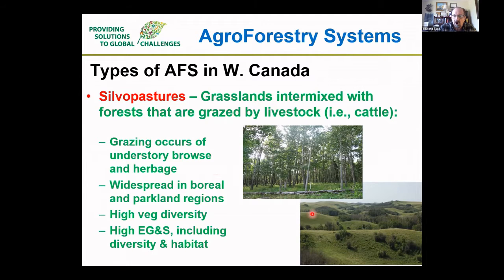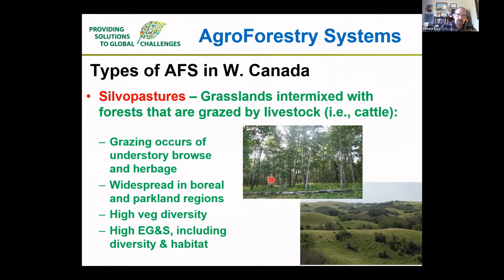While we might often think of stereotypical grazing, especially by livestock, and cattle is the primary one in central Alberta anyways, while we might think of cattle utilizing these open grasslands for the most part, they don't limit their use only to these grasslands. They also graze the understory of these forests as well.